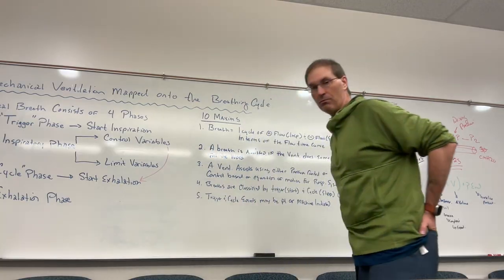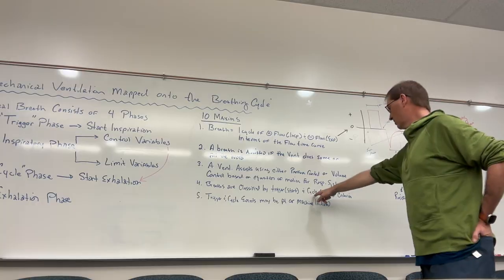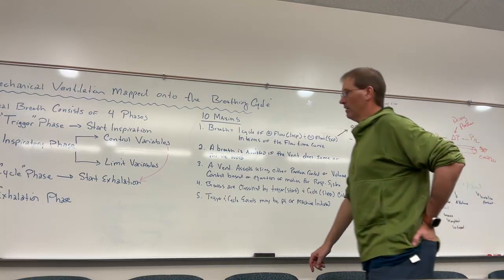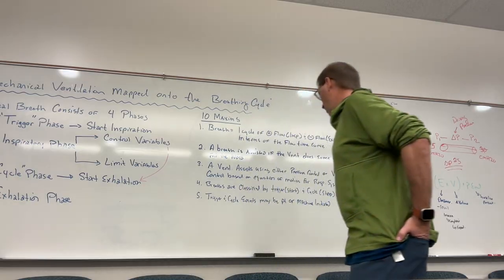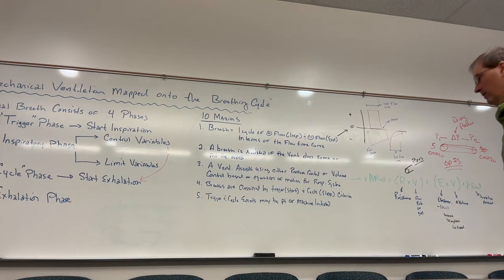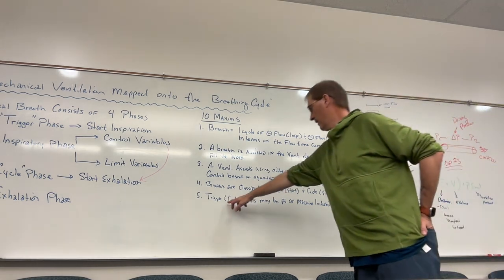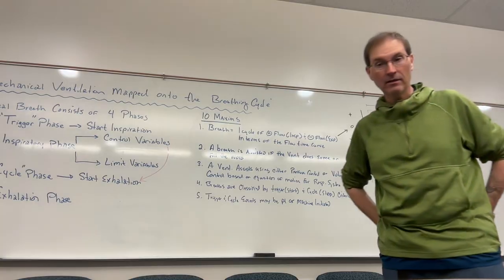Is it time? Is it pressure? Is it volume? And what are we using to cycle or stop? Again, is it typically going to be volume, pressure, something like that? All right? And these trigger and cycle events may be patient or machine initiated.